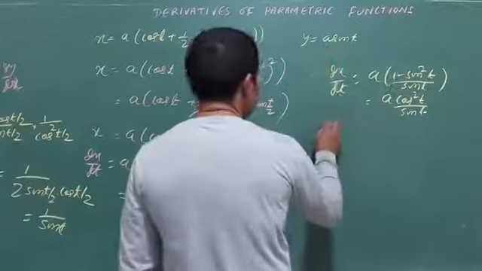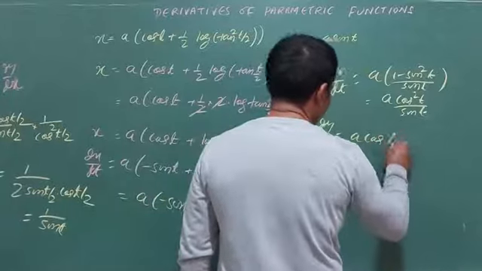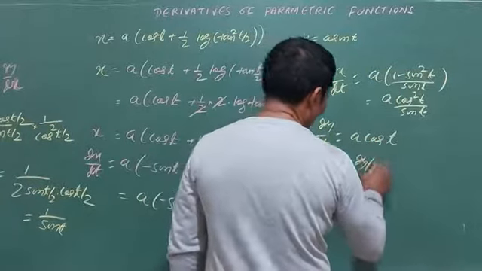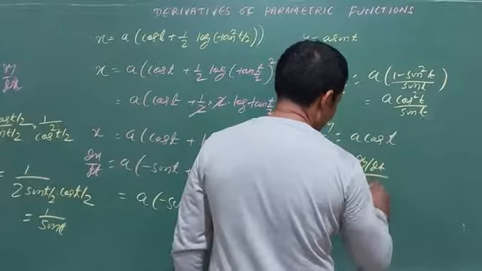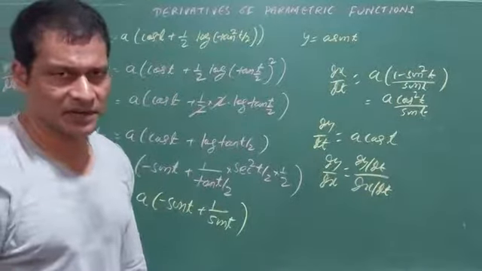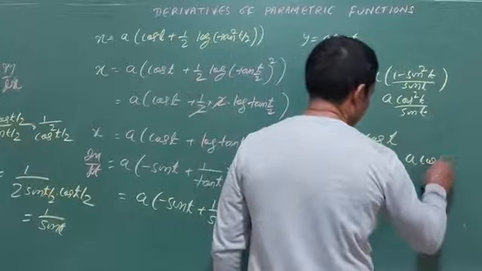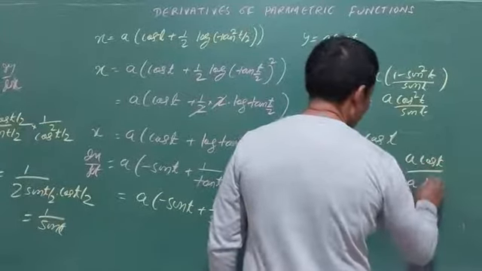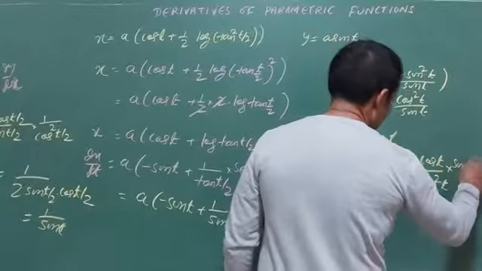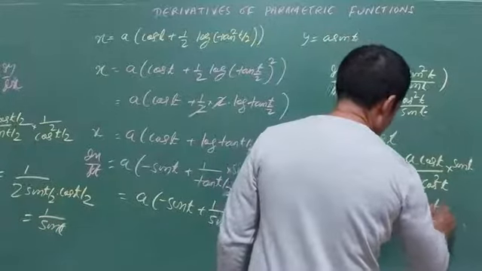Now the derivative dy by dt is a cos t. Divide them: dy by dx is equal to dy by dt divided by dx by dt. Just divide: a cos t divided by a cos square t by sin t. a cancels out, cos cancels out, giving tan t.